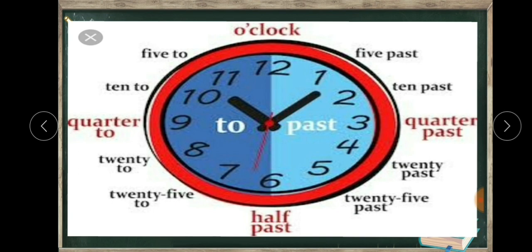Normally, we read the time as 10:05. Instead of that, we can read the time as 5 past 10. That means 5 minutes over after 10.